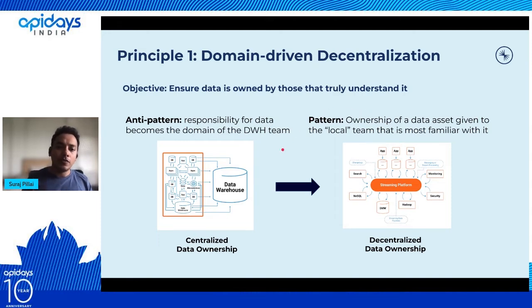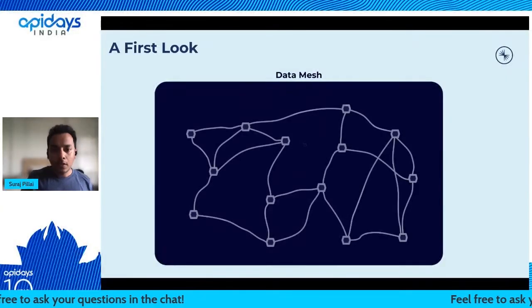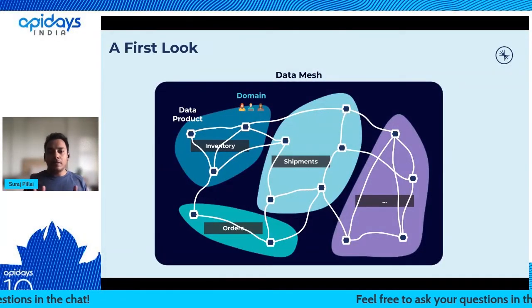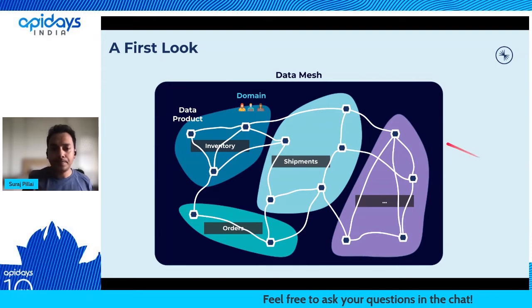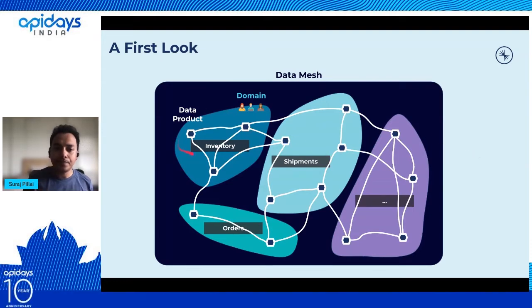So what we want to evolve this into is a pattern wherein the ownership of that data is with the domain itself. So what it essentially means is this. Let's assume that we have this data mesh. We have all these different domains, which are inventory, shipment, orders, and we have teams working on these domains.